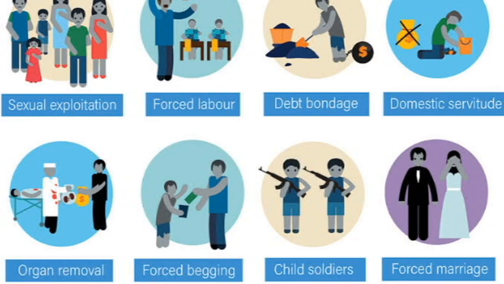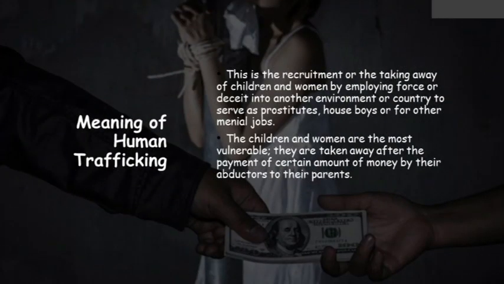The children and women are the most vulnerable. They are taken away after the payment of a certain amount of money by their adopters to their parents. So parents take money in exchange for their child or children, so they fall victim to the human traffickers.